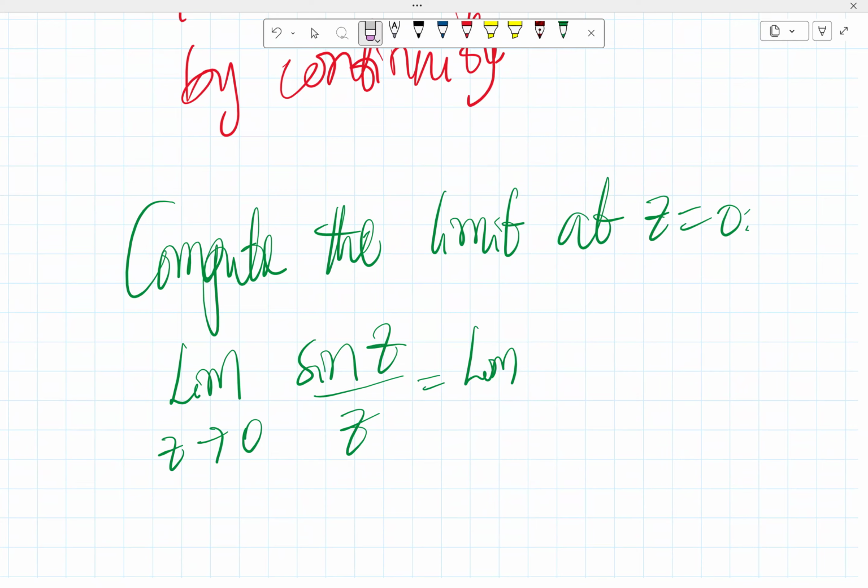So this has infinite radius of convergence.